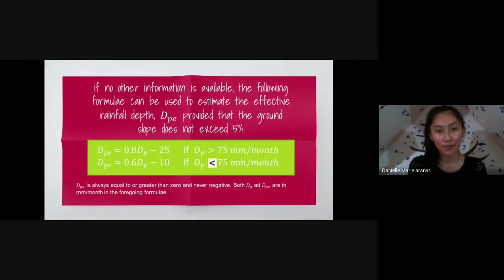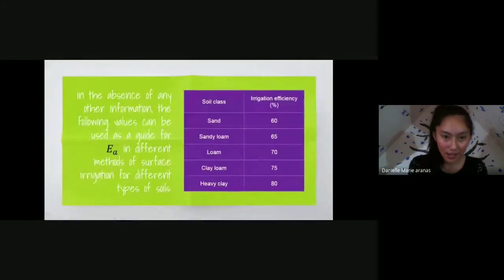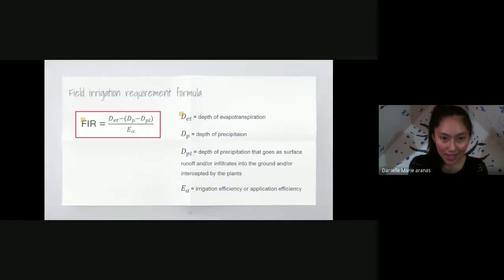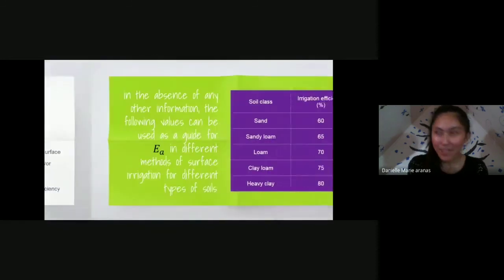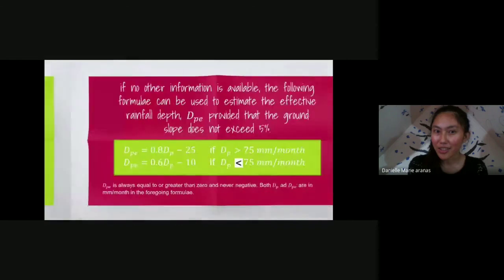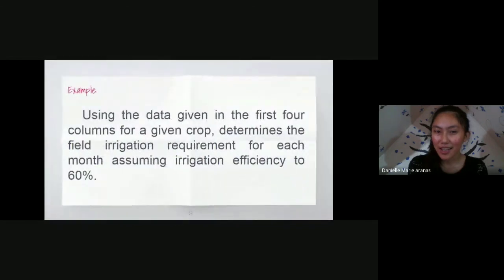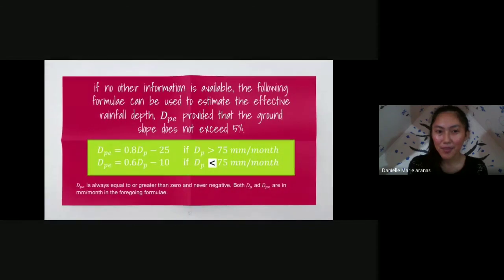But if no other information is available, the following formula can be used to estimate the effective rainfall depth. TPE means, again, the effective precipitation.